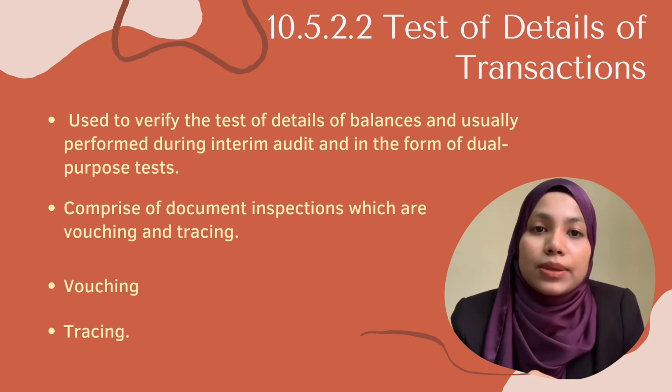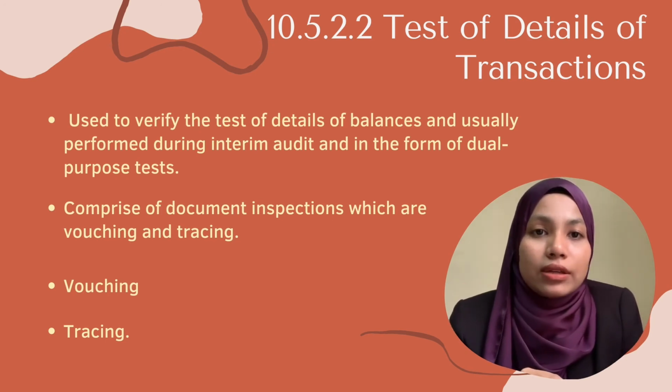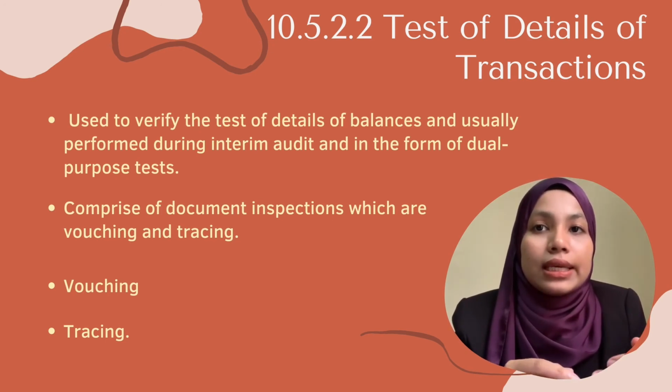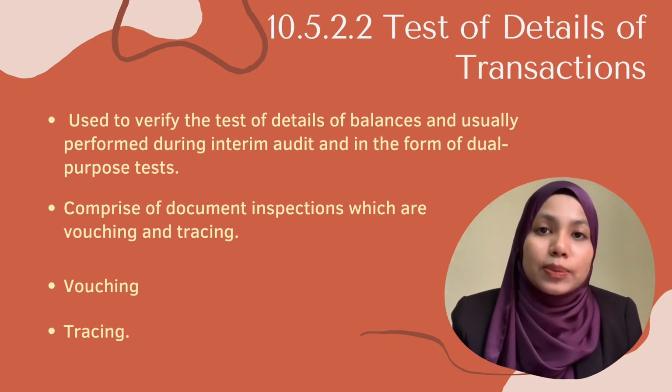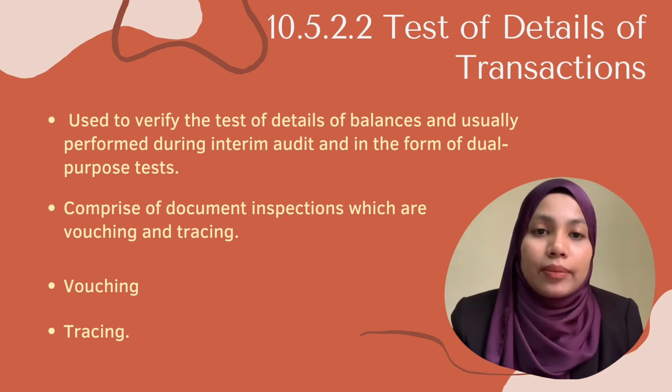The second type of substantive procedures is the test of details of transaction. It is used to verify the test of details of balance and usually performed during interim audit and in the form of dual-purpose tests. It comprises document inspections, which are vouching and tracing.